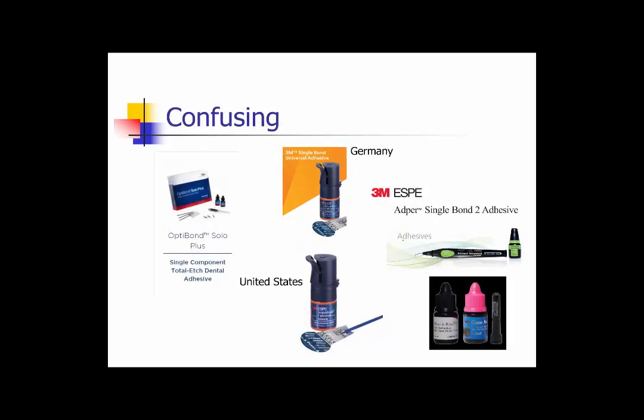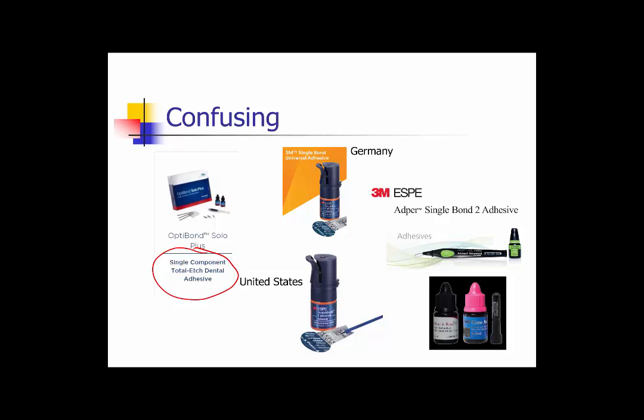On the left-hand side, OptiBond Solo Plus is a total etch dental adhesive. Total etch refers to the fact that you have to use a phosphoric acid etchant with it. Although if you were to ask some dentists, they would think that total etch is a self etch because it means it's doing everything completely.